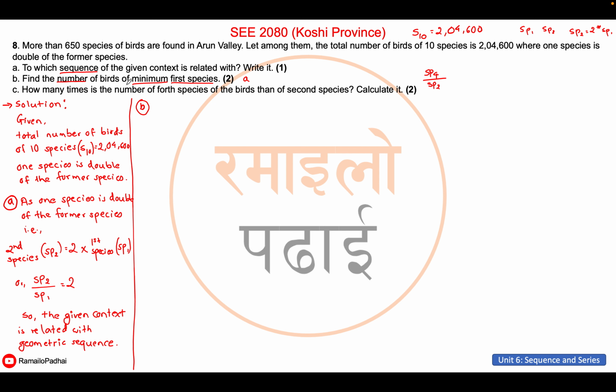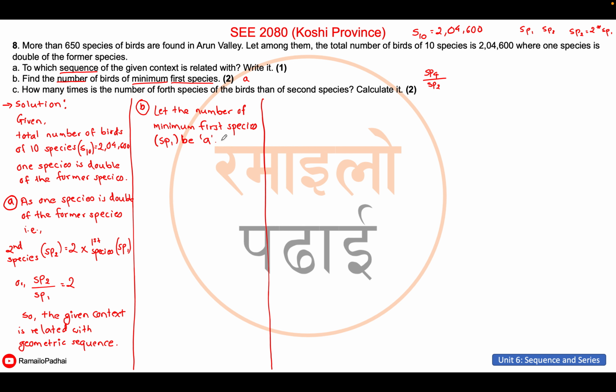Find the number of birds of minimum first species. So as we already know, the first species has the minimum number of birds. So let the number of minimum first species, which is sp1, be a.